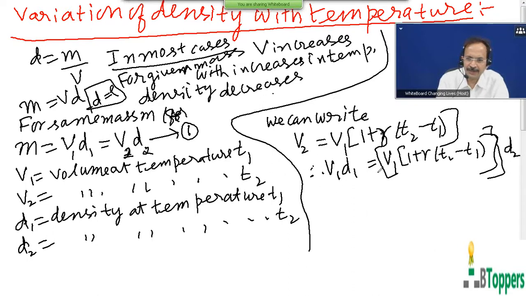So V1 can be cancelled on both sides. So the density of the substance at temperature T1 can be written as the density at temperature T2 into 1 plus gamma into T2 minus T1.